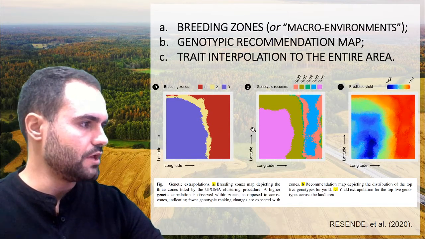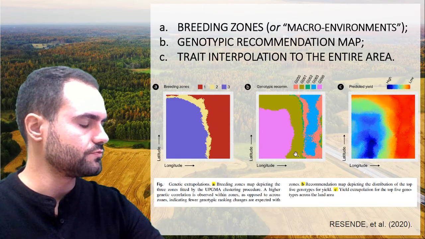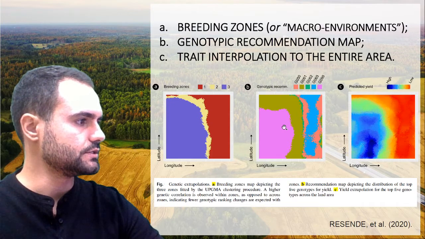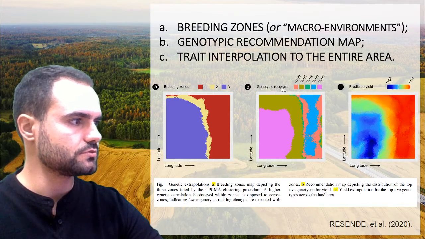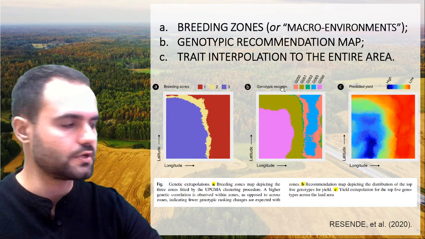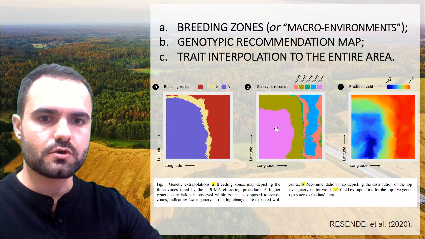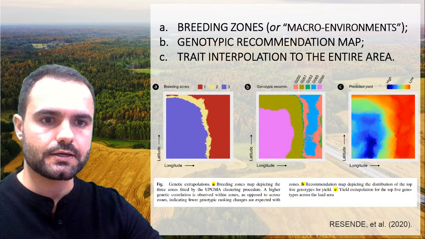This is maybe the most important result for an Enviromics application, that is the genotype recommendation map, wherein each one of these pixels has a genotype rank.